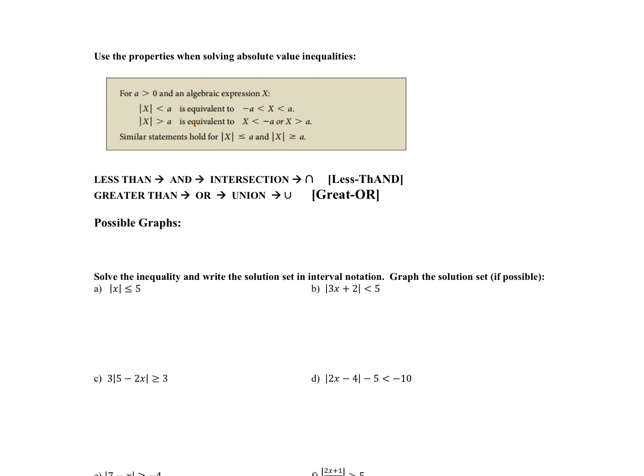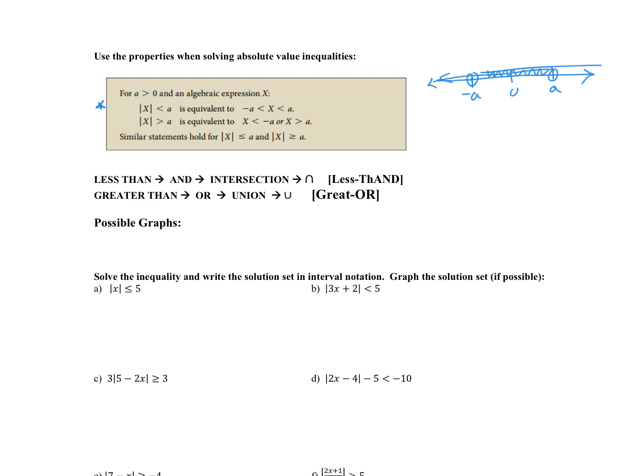When solving an absolute value inequality, we oftentimes treat it very similarly, but this is going to be what we call a compound inequality. So if you have the absolute value of x being less than a, what we're saying is that the distance from 0 is less than a, but it also has to be greater than negative a.